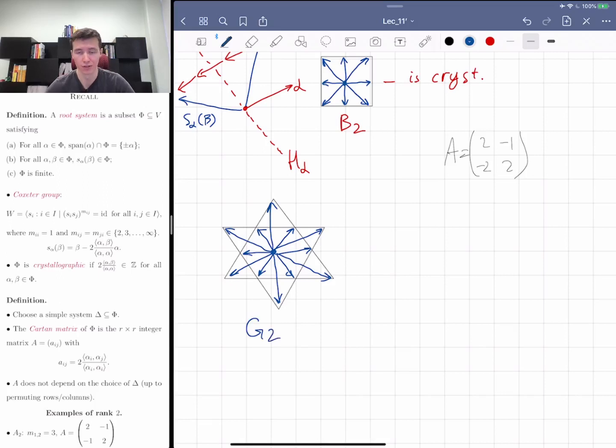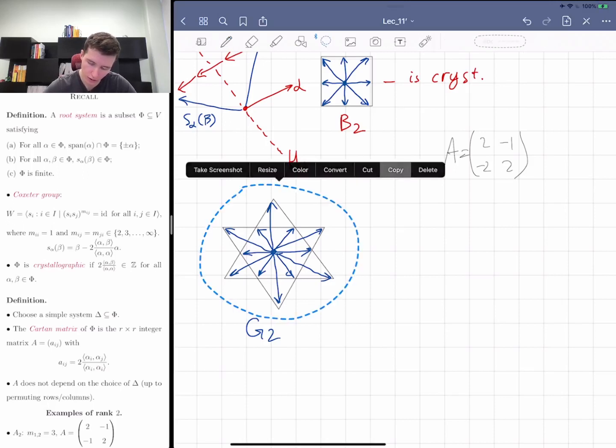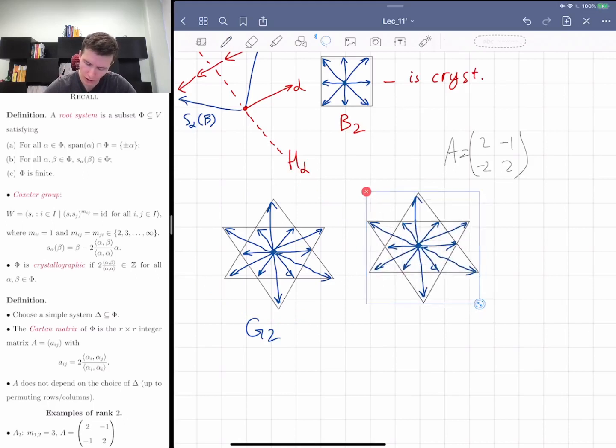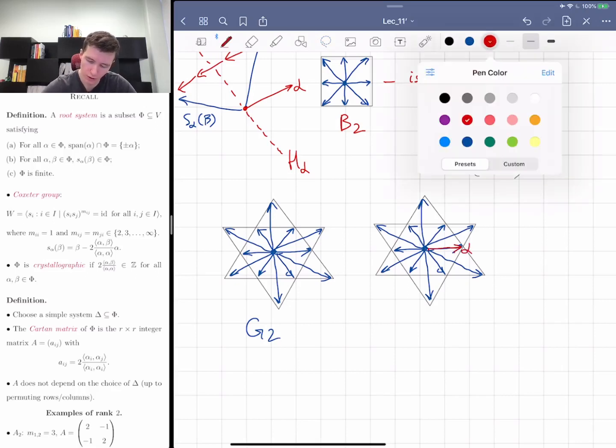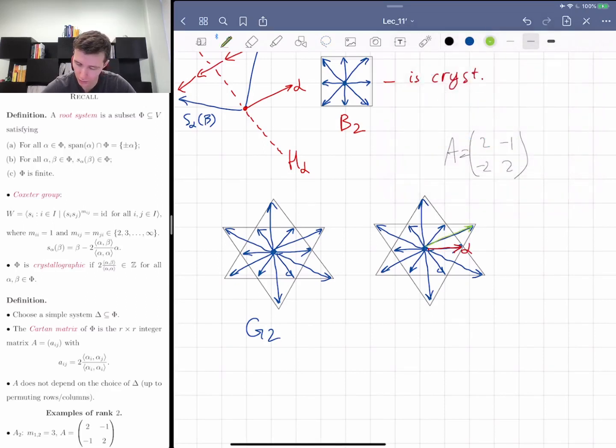It is a crystallographic root system, which is not exactly trivial to check. Let me fix this vector a little bit. So let me try to check that it's crystallographic. So we basically have these long roots and short roots. And let's say I choose a short root alpha, and let's say I choose a long root beta.